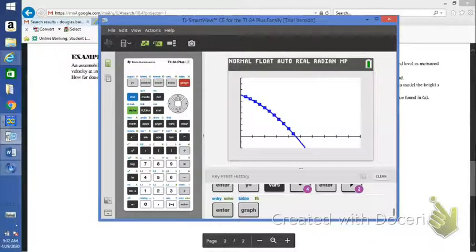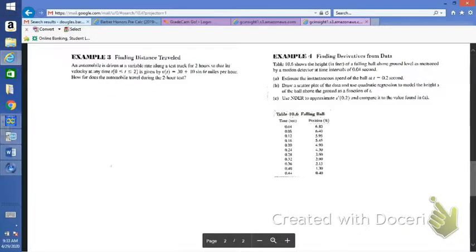Okay, now once all that is in place, it's time to solve part A. So A says estimate the instantaneous speed of the ball at t equaling 0.2 seconds. Alright, so instantaneous speed, instantaneous velocity. We're using derivatives.